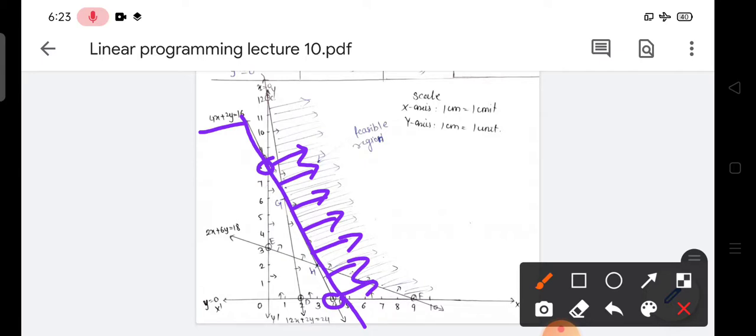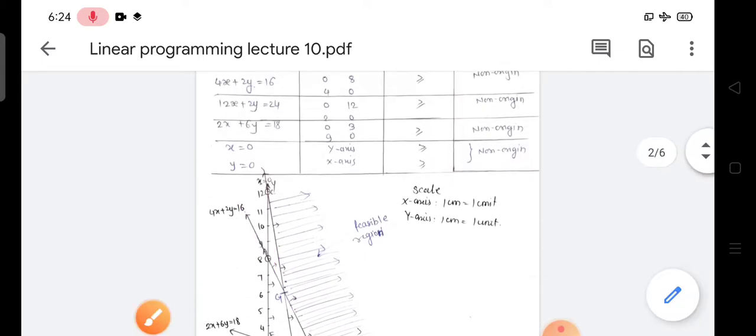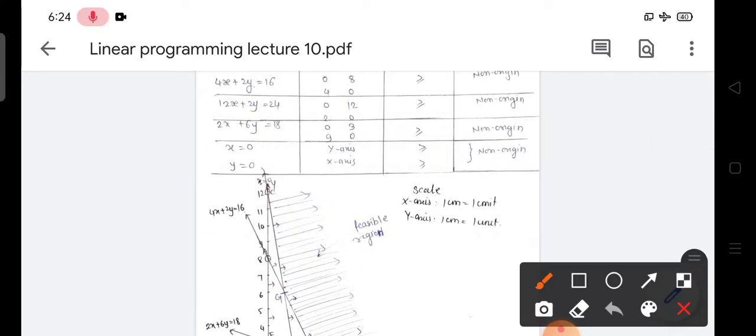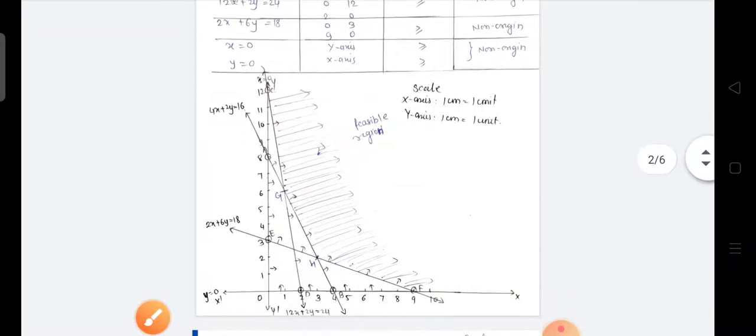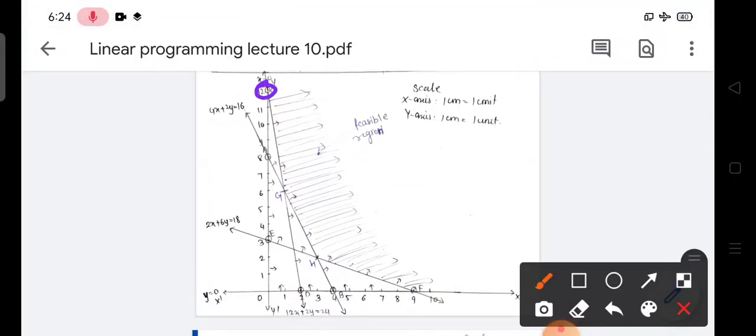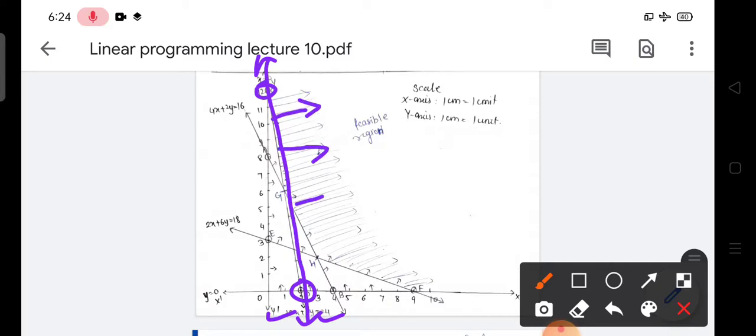Then now the second line, 0, 12 and 2, 0. So the line passing through these 2 points is 12x plus 2y equals 24. Okay, the constant type is greater than or equal to, so the non-origin side.